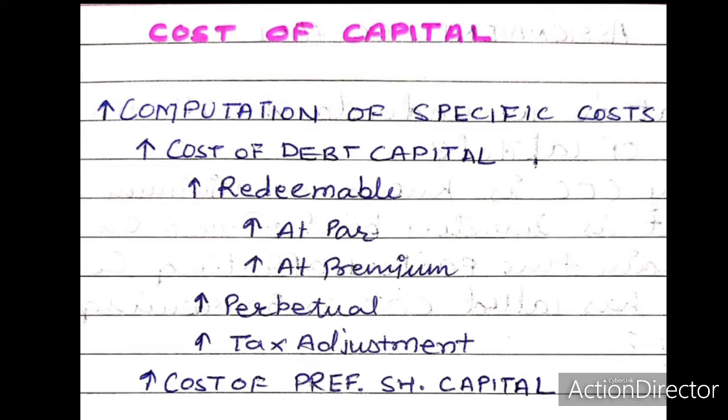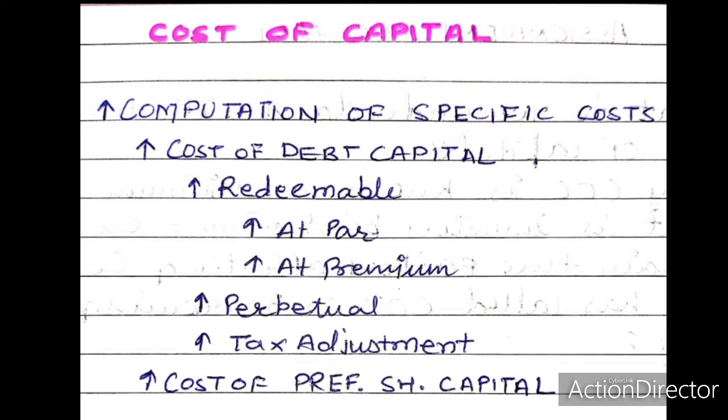For example, if a company issues 12% debentures worth rupees 5 lakh of rupees 100 each at par, then it must earn at least rupees 60,000 per year on this investment to maintain the income available to the shareholders unchanged.